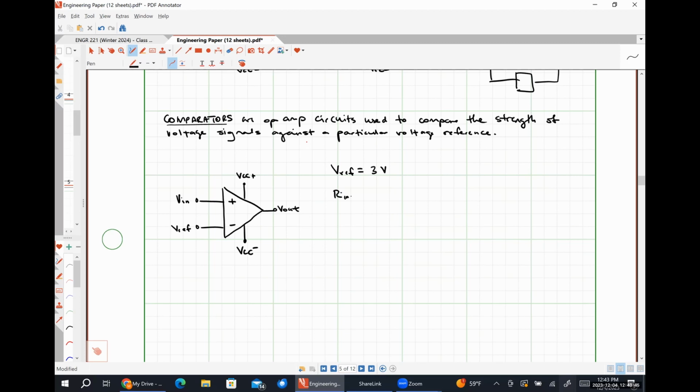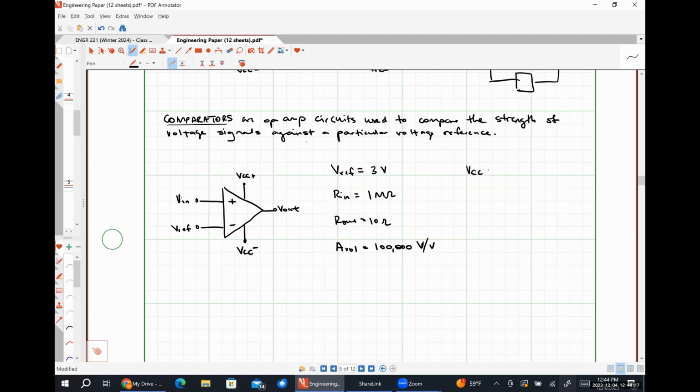The input resistance of our op amp is 1 mega ohm. The output resistance is 10 ohms. And the open loop voltage gain is 100,000 volts per volt. I want us to figure out what the output is going to look like if, actually, let me define a couple other things.